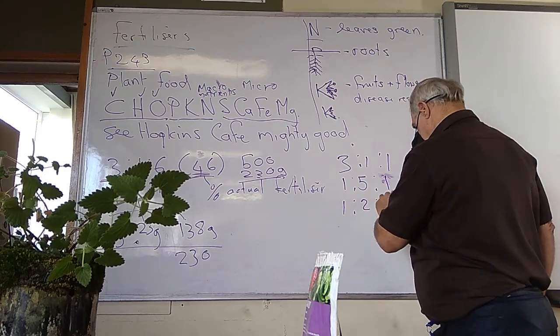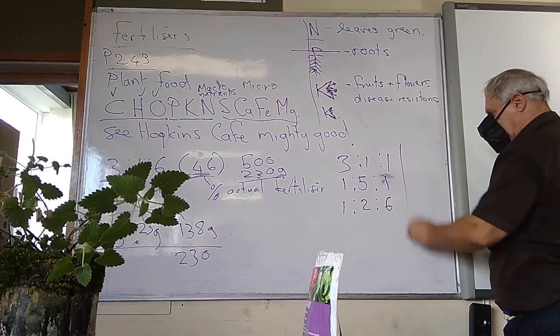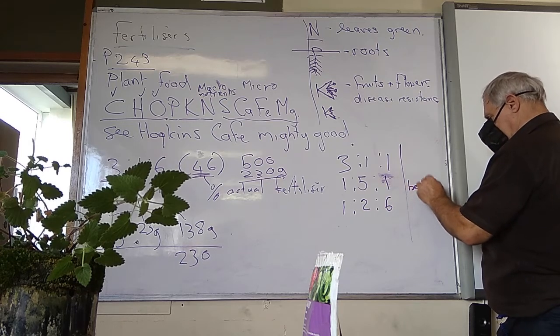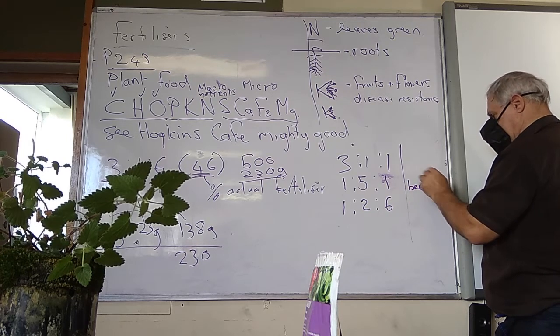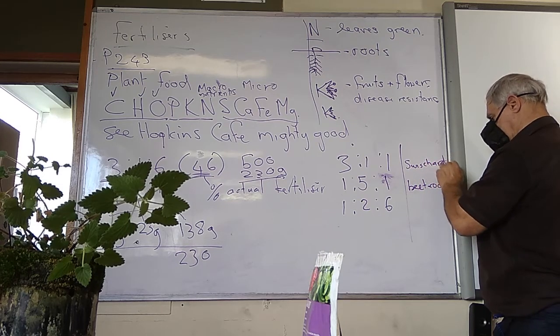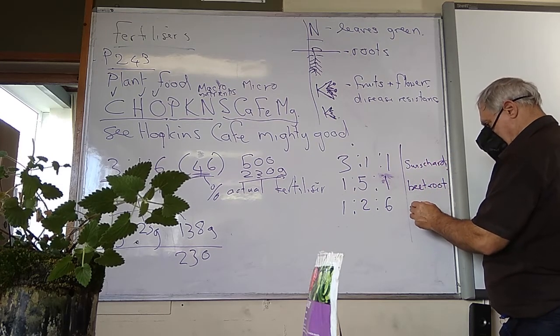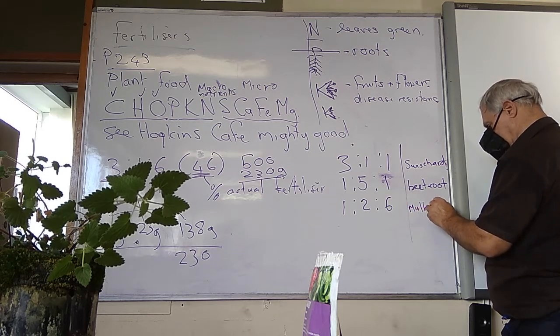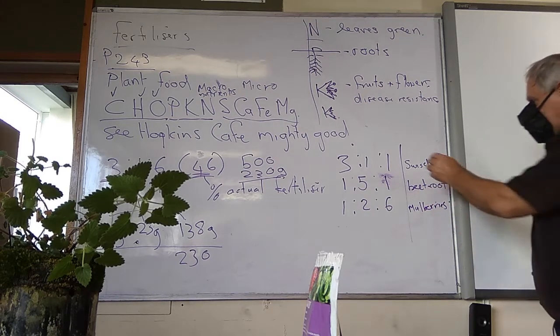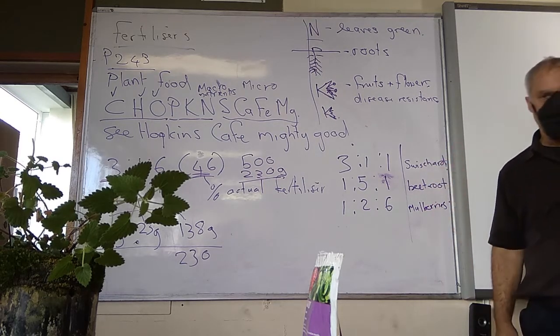You're growing beetroot, Swiss chard, and mulberries. So which one is going to be good for Swiss chard, or which is like a spinach? What is a Swiss chard? Spinach. Like a green spinach, Swiss chard. Just say spinach.